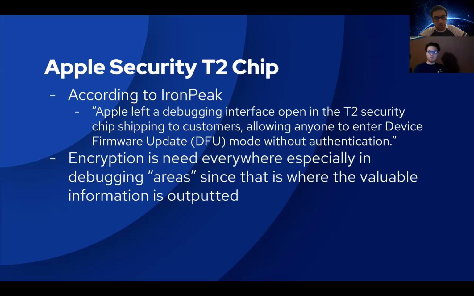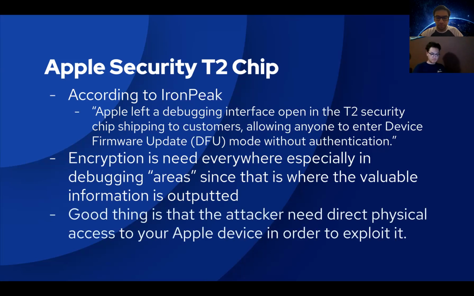This just goes to say that encryption is needed everywhere, especially in the debugging world, because that's where valuable data is stored, and that's where hackers go to look at what kind of information or exploits they can use to target the holes in your software or in the OS.